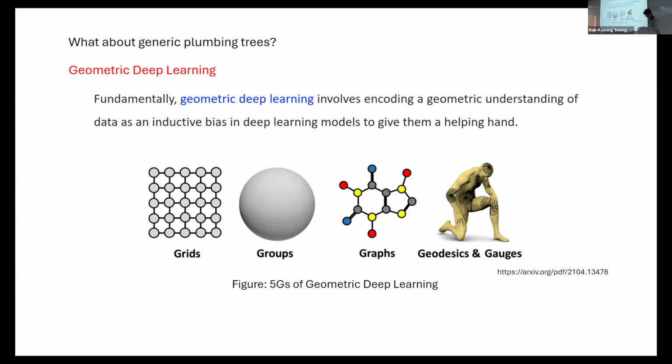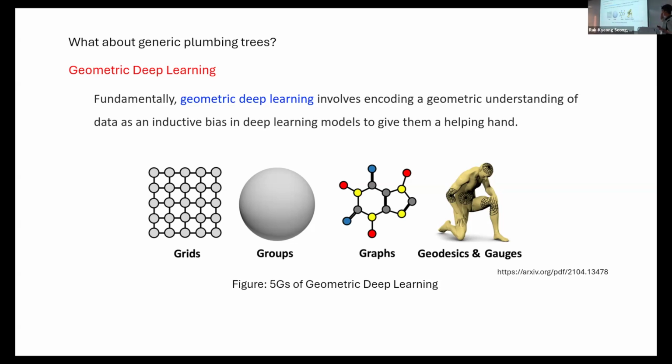Machine learning and deep learning provide us an answer to this question. Since we are dealing with topology, it is natural to use geometric deep learning instead of the usual neural networks and deep learning.